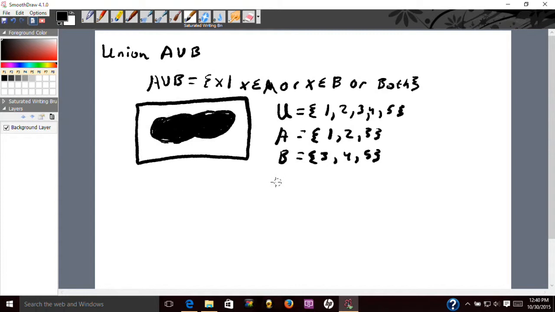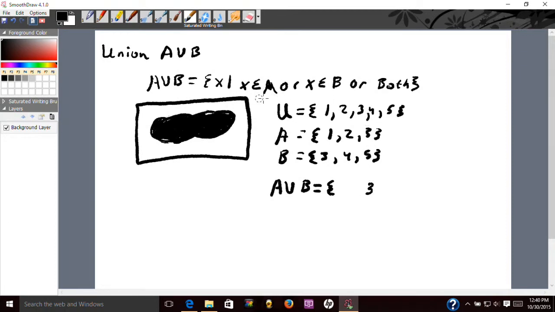Well, the first thing that I want to do is write out my notation, A union B. So, remember, the first thing I want to do is look for what they both have in common. It looks like they both have a 3. So at least I know that's included in my set. So I'm going to write that in the middle here.